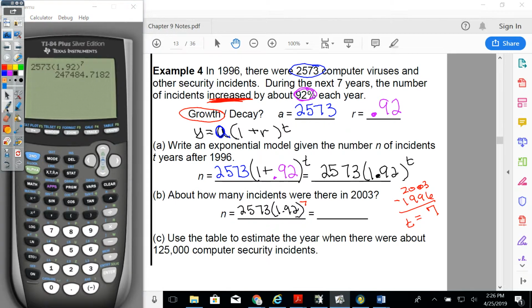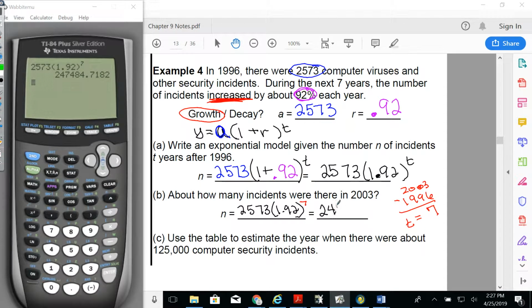And we get, so I would erase the decimal part and we only want to write this part right here: 247,484. So 247,484 incidences.